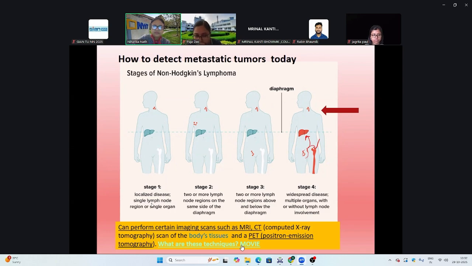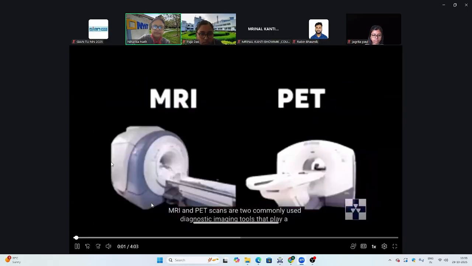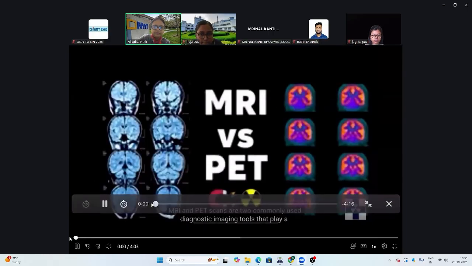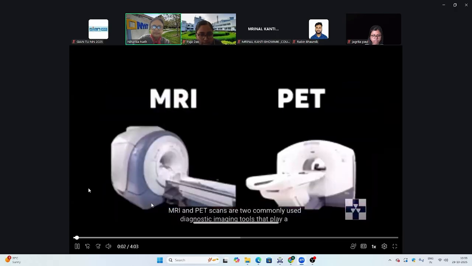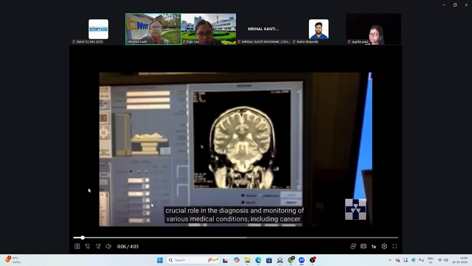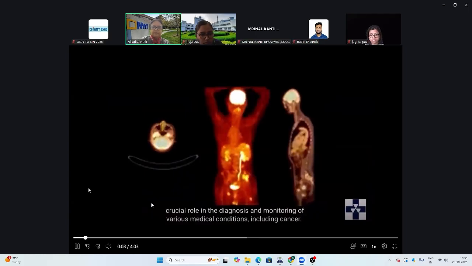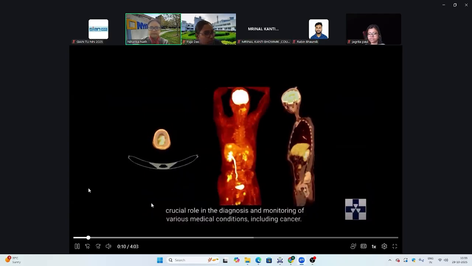MRI and PET scans are two commonly used diagnostic imaging tools that play a crucial role in the diagnosis and monitoring of various medical conditions, including cancer.